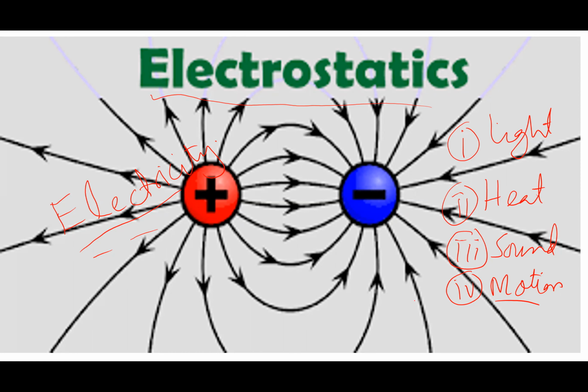So electricity is further divided into two branches. First is called electrostatics, which we will study in this chapter, and second is current electricity.